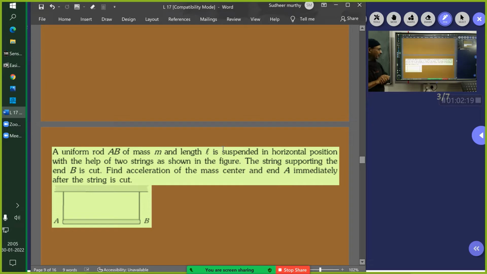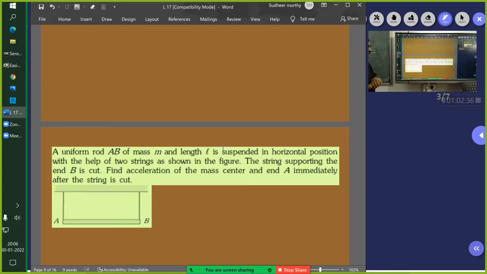A uniform rod AB of mass m, length L, is suspended in horizontal position with the help of two strings, as shown in the figure. The string supporting end B is cut. Find the acceleration of the mass center and end A both.